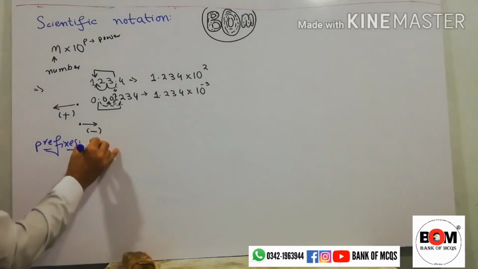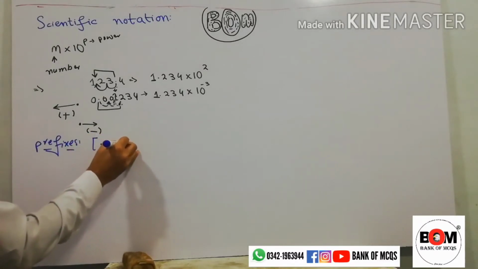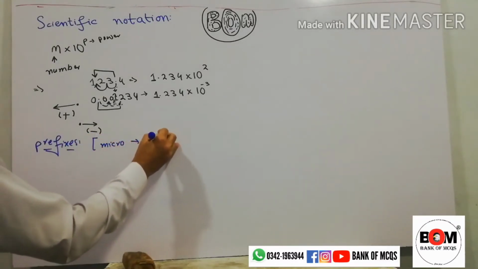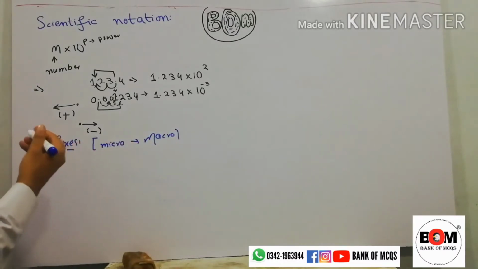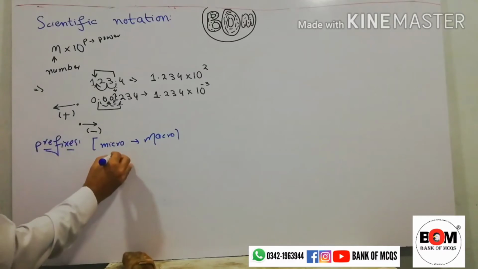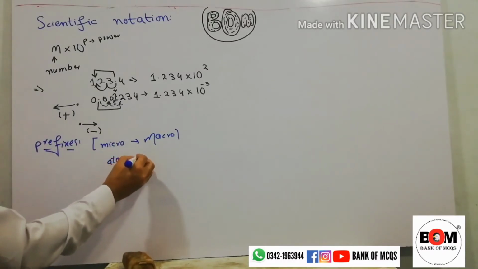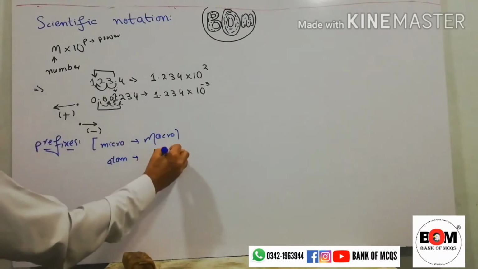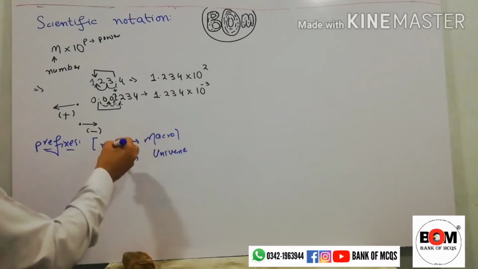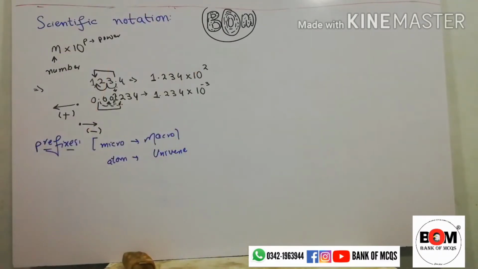The whole of physics starts from the micro level and goes to the macro level. For example, on one side we talk about the atom, while on the other side we talk about the universe.